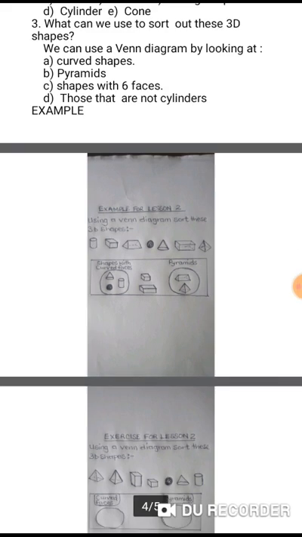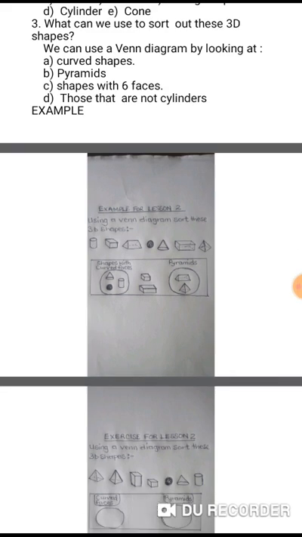Having looked at that, number 3, what can we use to sort out 3D shapes? We can use a Venn diagram by looking at curved shapes.